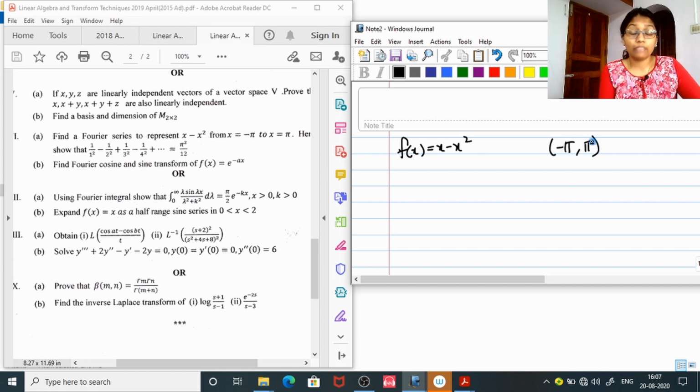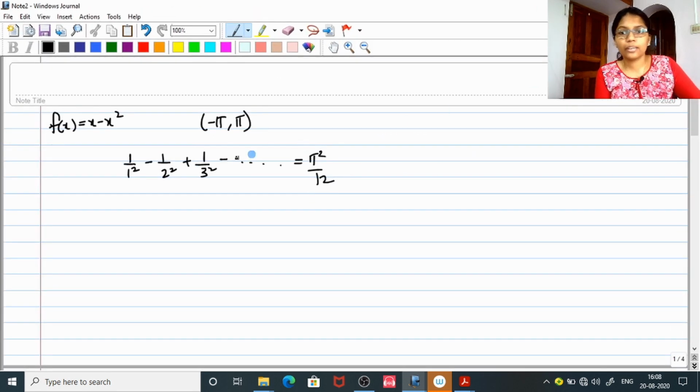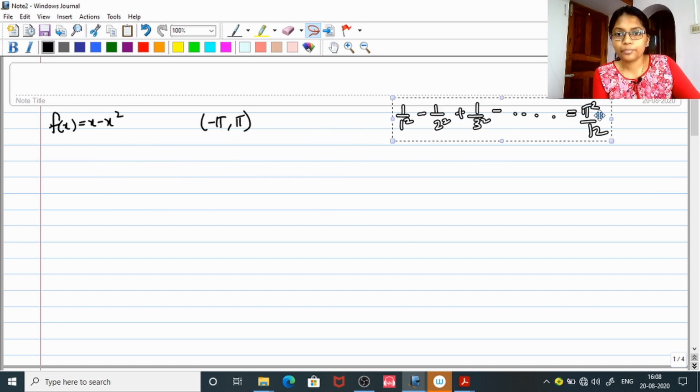Here we have got a chance to check what type of function this is, whether it is an even function or an odd function. Also we have to show that 1 by 1 square minus 1 by 2 square plus 1 by 3 square, etc., is equal to pi square by 12. Okay, this part we have to prove later, and this is negative pi to pi, isn't it?